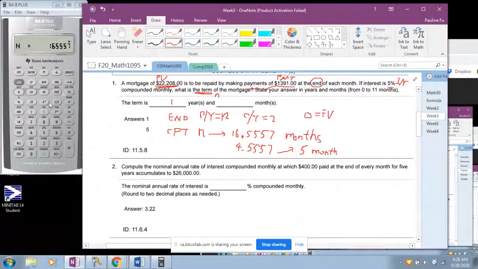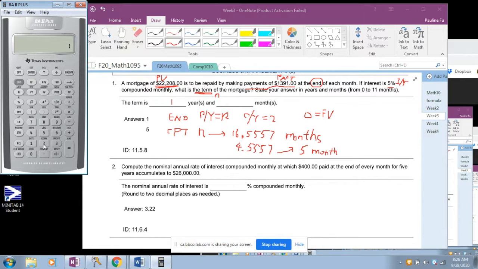Let's do that, okay? So this number, divided by 12, equal to 1.3796 years. Okay, if you divide by 12, you get 1.3796 years. So it is 1 year. Then you have to figure out what 0.3796 year equals in months.